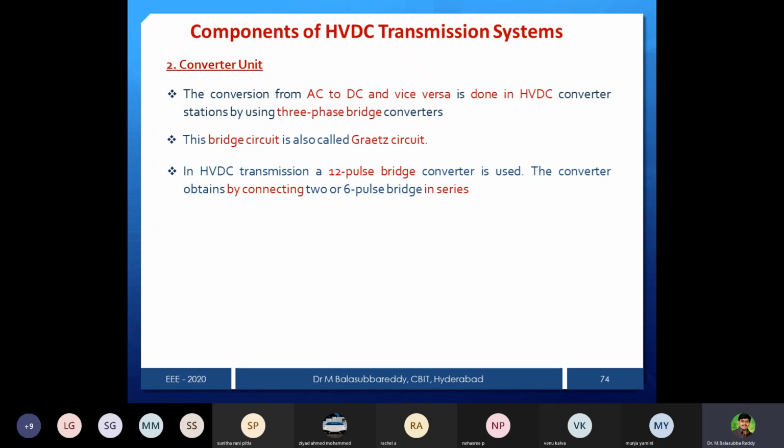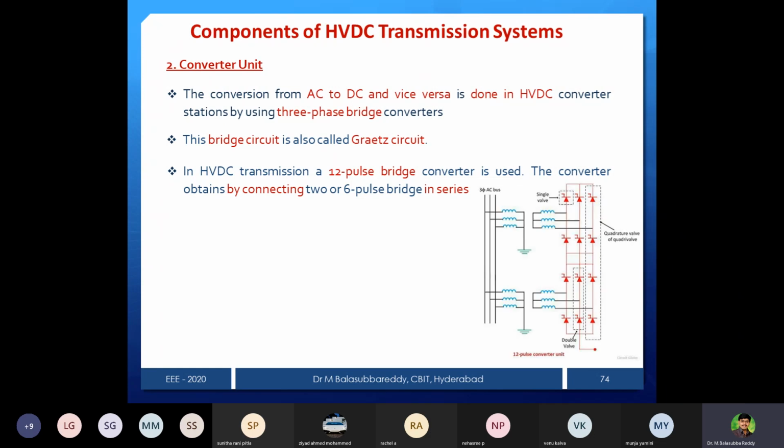In a 12 pulse converter, it is not just one device but a combination of devices forming a group, which we can consider one set. You can see this: one 6 pulse converter and another 6 pulse converter connected in series form a 12 pulse converter. So this is a 12 pulse converter unit.